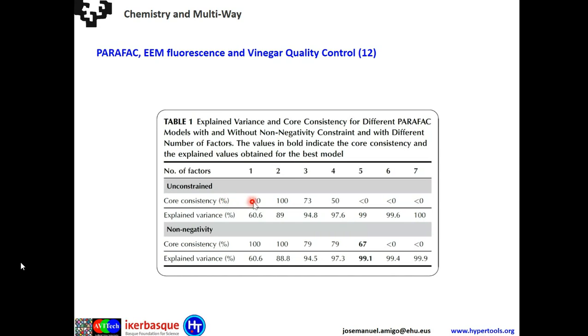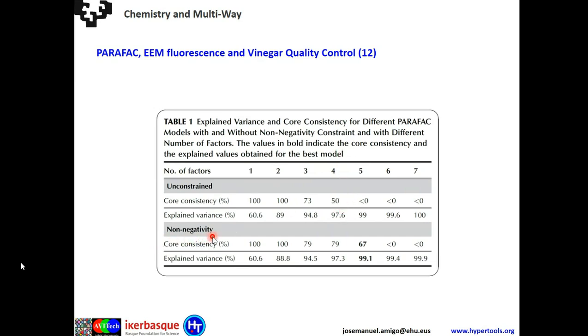So in this case, we can see that with an unconstrained model, because we can apply constraints that come also from the MCR paradigm, like non-negativity, unimodality, etc., in an unconstrained model, 4 would probably be the most suitable model.